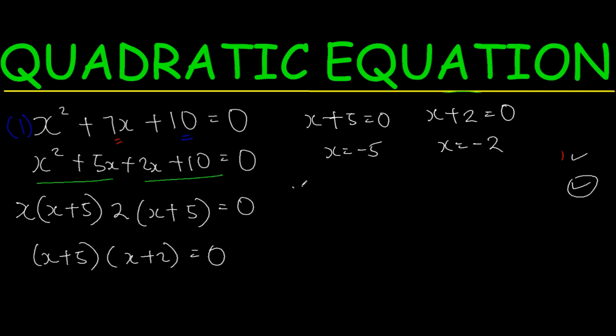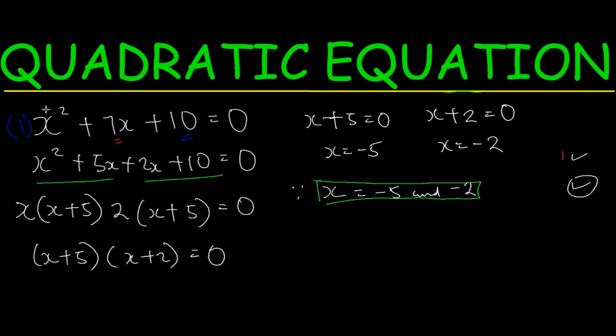So we can say, therefore, our answers, because in a quadratic equation, we always have two solutions. So we say x is equal to minus 5 and minus 2, because they both satisfy our equation.